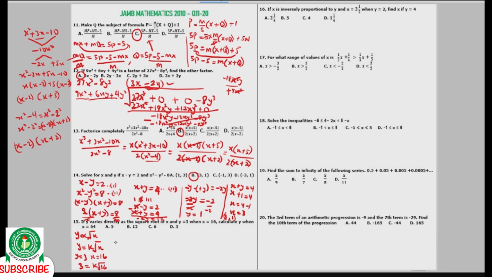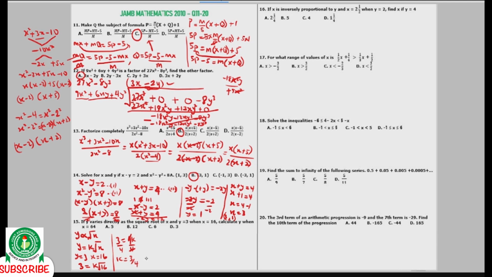The square root of 16 is 4, so 3 equals 4 times k. Divide both sides by 4 to get your k. So this one cancels out. Definitely 3 over 4 is equal to k.